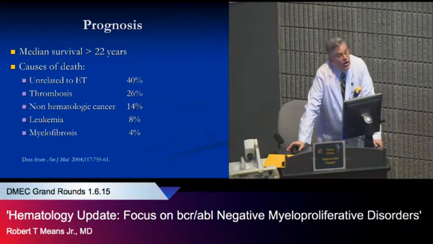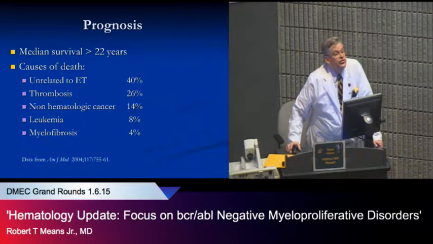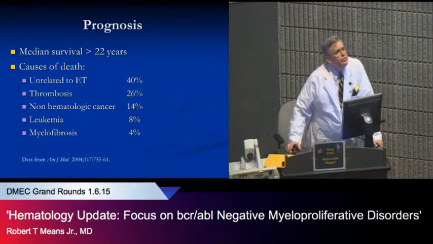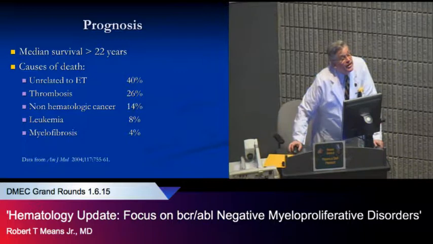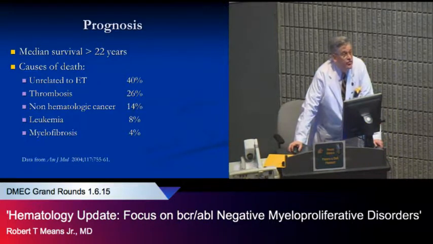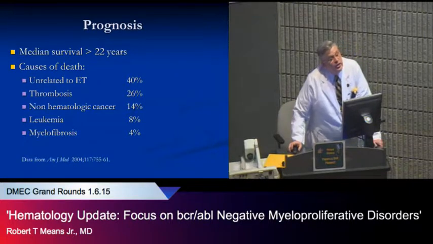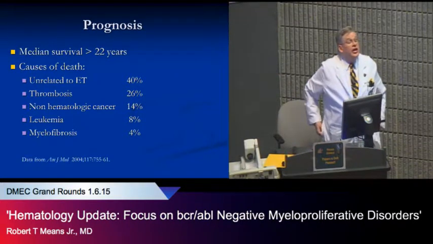Now, this series is several years old and goes back some 20 years before that. So it antedates management, essentially, of essential thrombocytosis. About 14% develop non-hematologic cancers, a little high for a cause of death, a little high for an age-matched control, but not huge. In these series, which go back into the 80s for collecting patients, about 8% developed leukemia late in life.